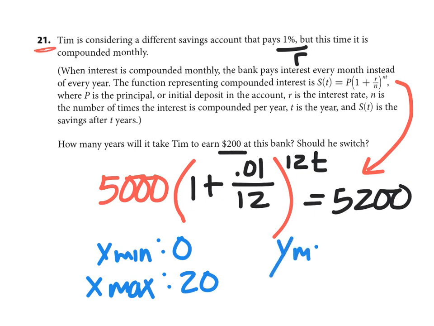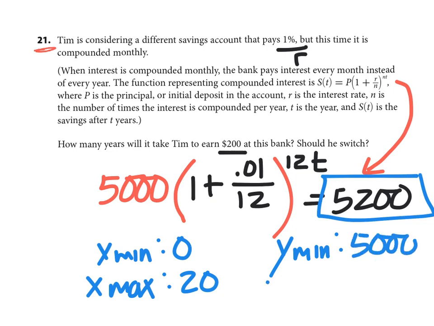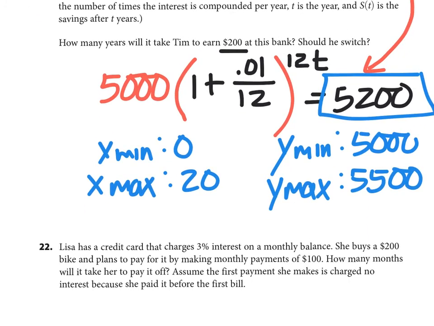Make Y-min, I'm wanting it equal here, so I might do Y-min as 5,000 and Y-max as, let's say, 5,500. That way that 5,200's in there in the middle. Graph it, go to second intersect, and when you do that on the calculator, you should get as a solution approximately 3.92 years.